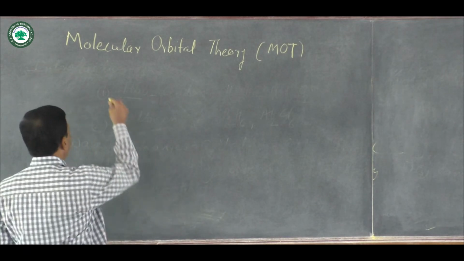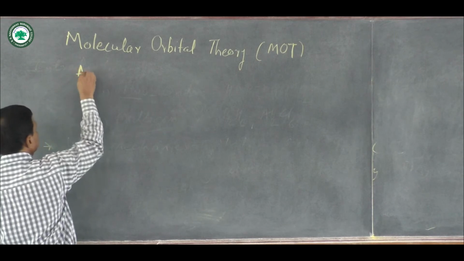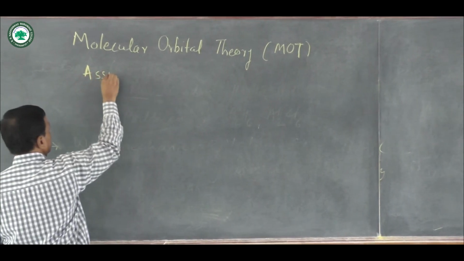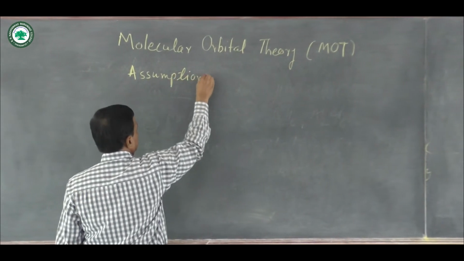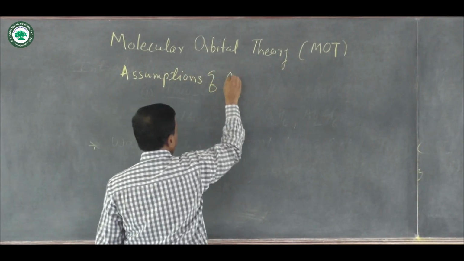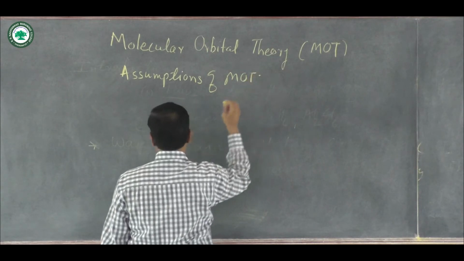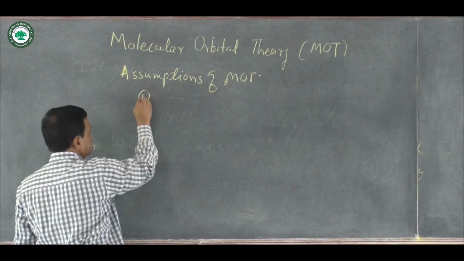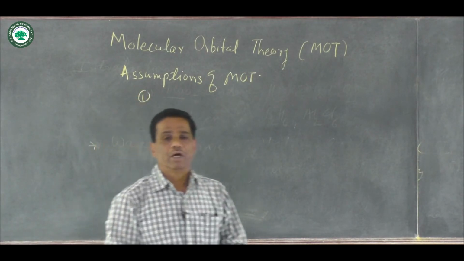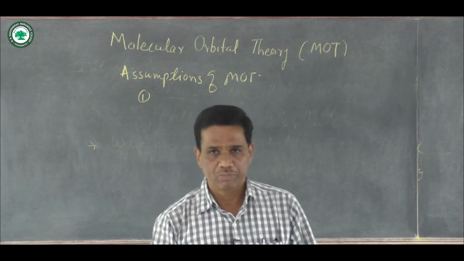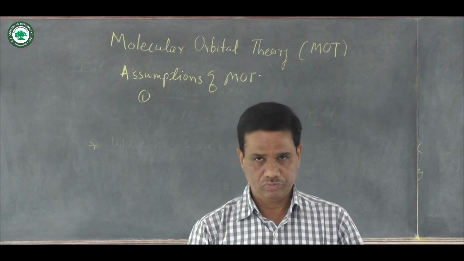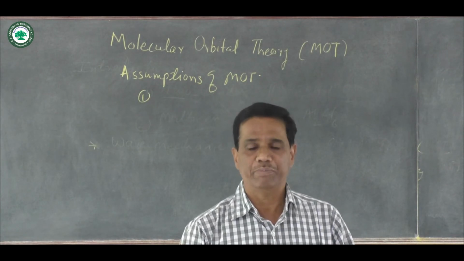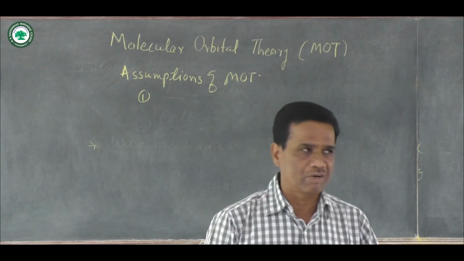Next point is assumptions of molecular orbital theory. First assumption is atoms combine and molecules are formed and they do not retain their identity. Their identity is not maintained when molecules are formed.